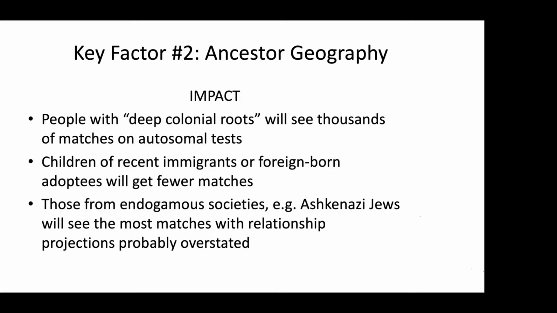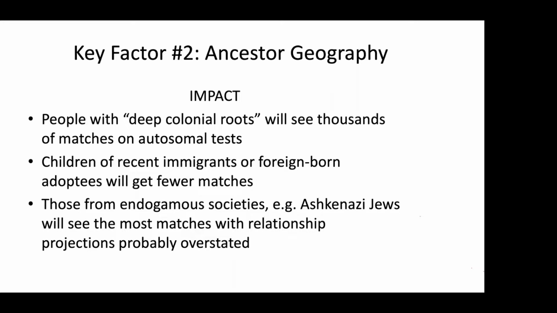Okay, now here's the impact of those tests. People with what we call deep colonial roots, in other words, many of your ancestors go back into the colonial period. If you're in that situation, you will see thousands of matches on these tests. On the other hand, children of recent immigrants or foreign-born adoptees will get fewer matches.